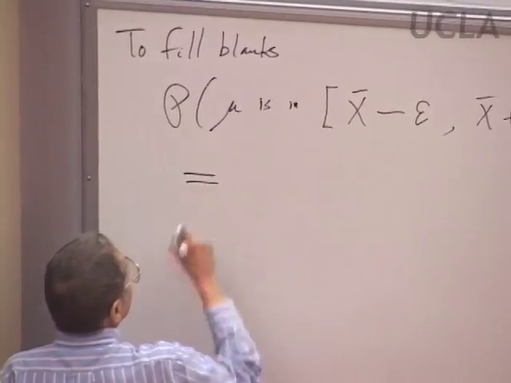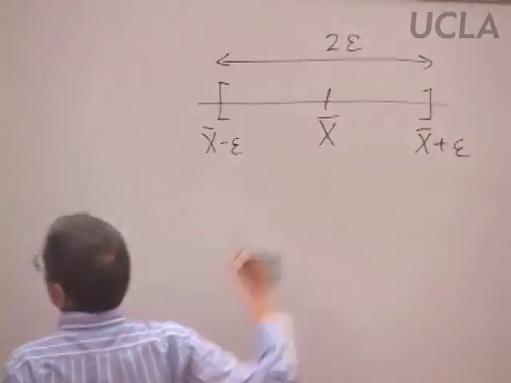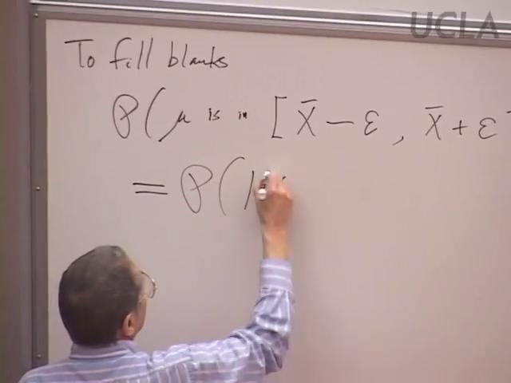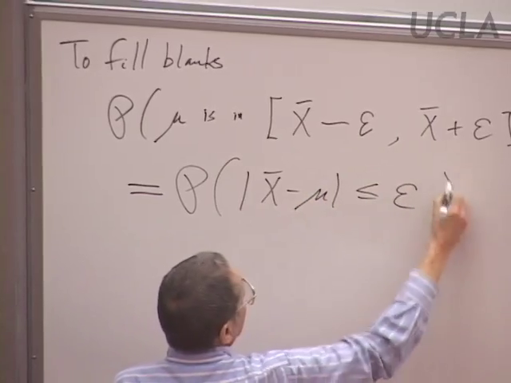Well, the central limit theorem lets us say something about this probability. First, let's rewrite this. To say that mu is in this interval is to say that the distance between x bar and mu is no more than epsilon.